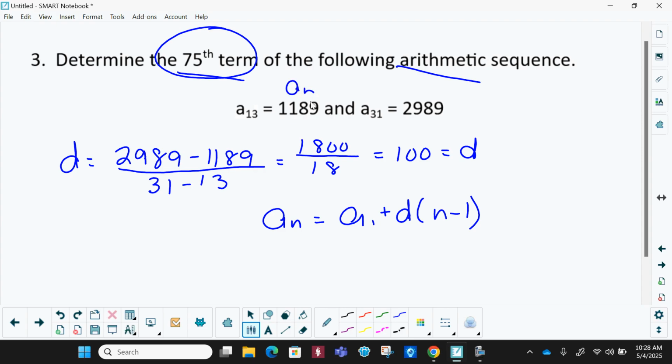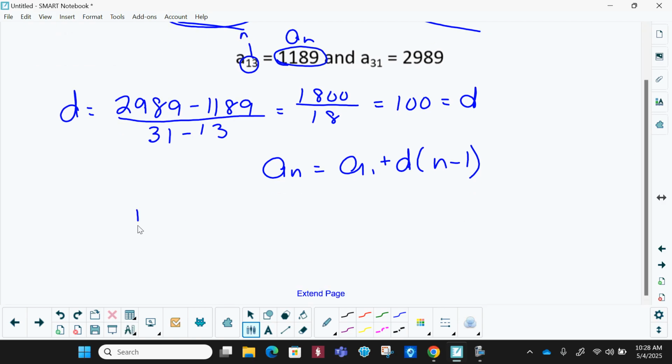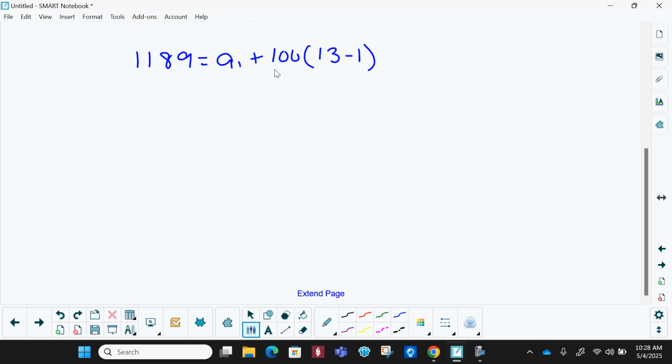So that means this right here is my a sub n, and then this here is my n. So we're going to plug in. So 1189 equals a1 plus, remember d was 100, times 13 minus 1. Now I'm going to put this whole thing in.